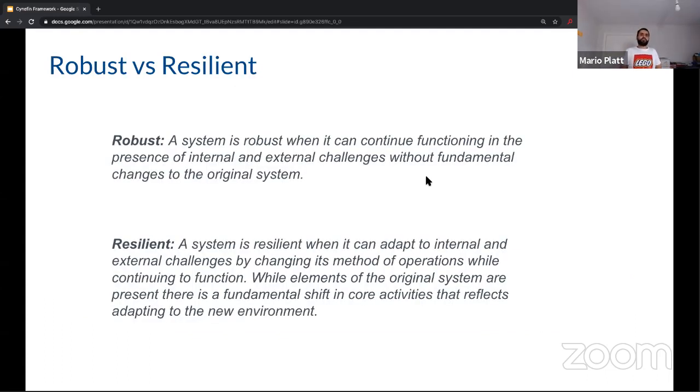So another part is on robust versus resilient, right? A system is robust when it can continue functioning in the presence of internal and external challenges without fundamental changes to the original system. So robustness is all well and good until the design conditions are exceeded, and then it fails catastrophically, right?